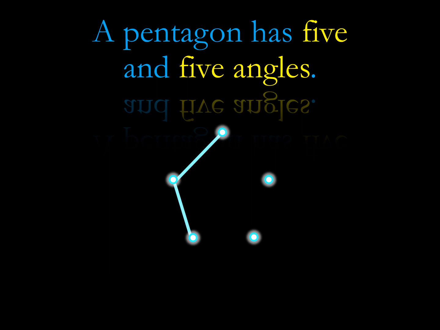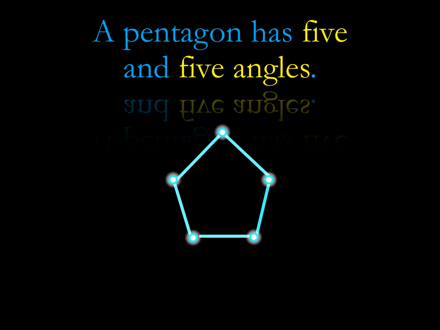Well, at the top here it says a pentagon has 5 sides and 5 angles. Well, we can see it's not a pentagon yet because that shape isn't closed. So we have 4 lines. Once we close that shape, there we go. Now we have a pentagon.